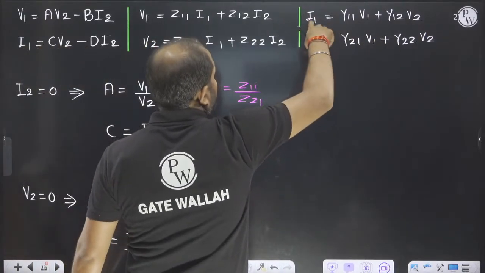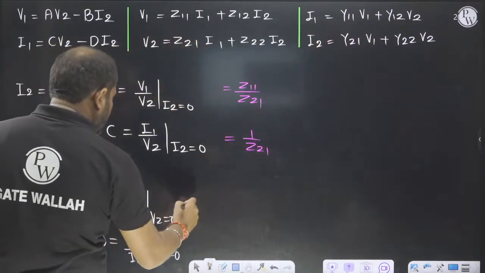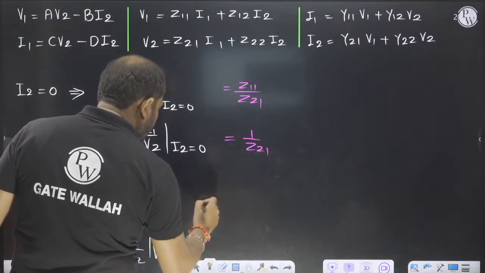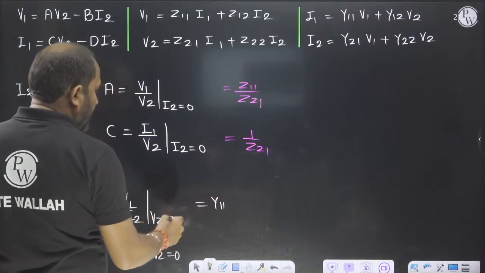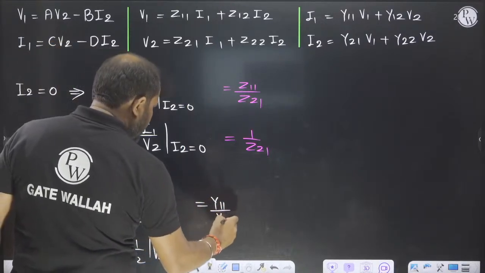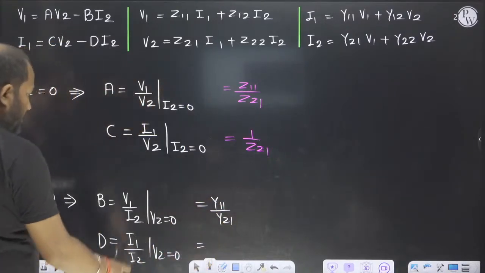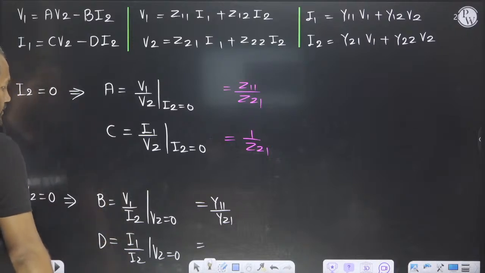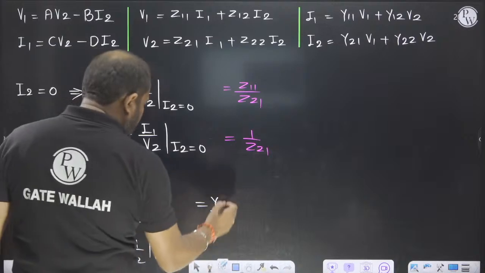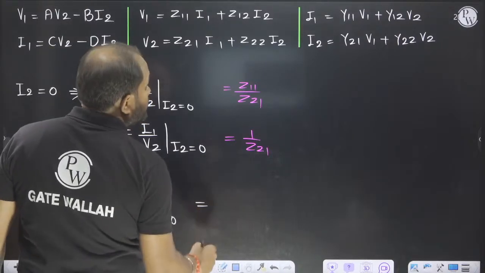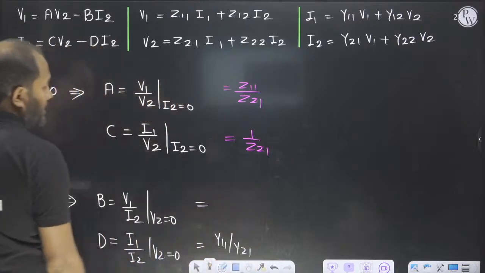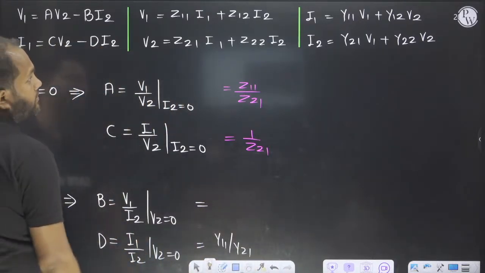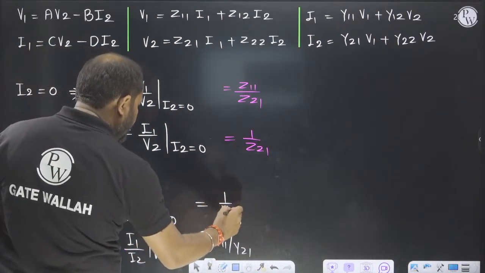So with V2 equal to 0, V1 by I2 is Y11 divided by Y21, and I1 by I2 is Y22 by Y21. And I2 by V1 will be equal to 1 by Y21.